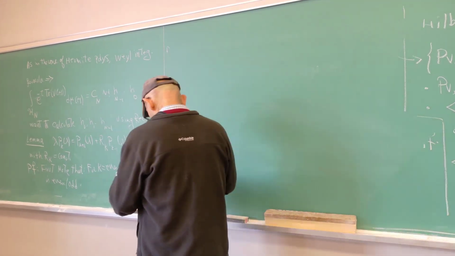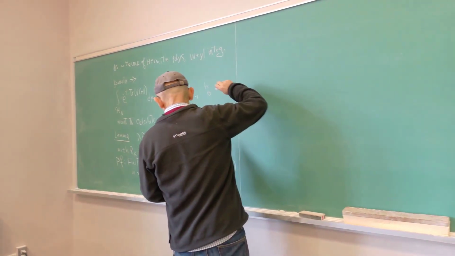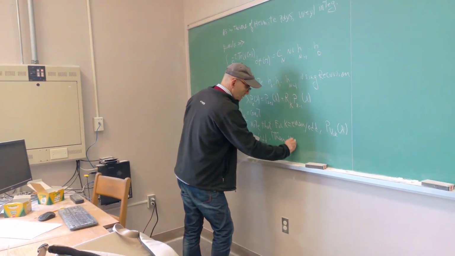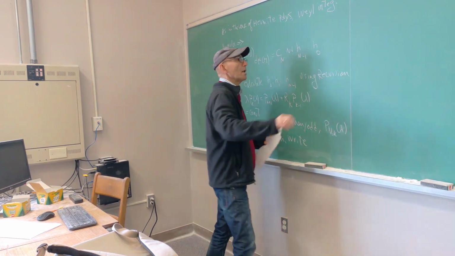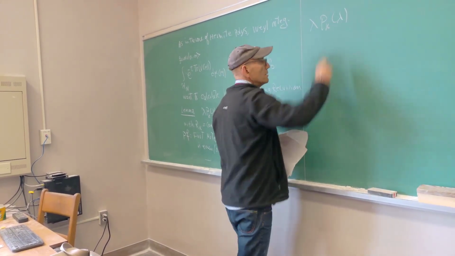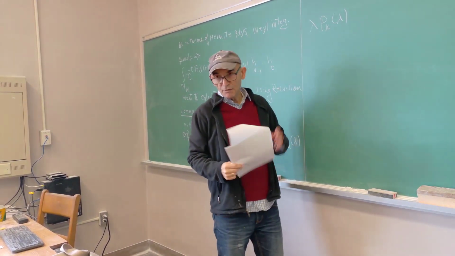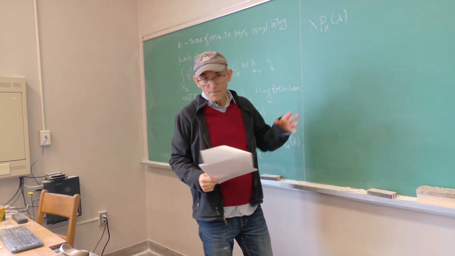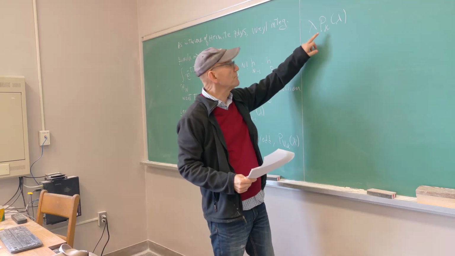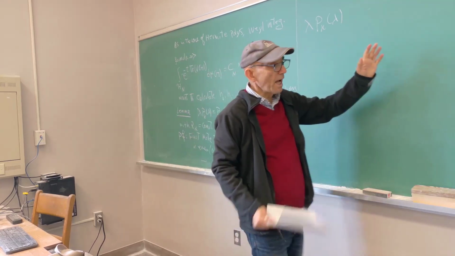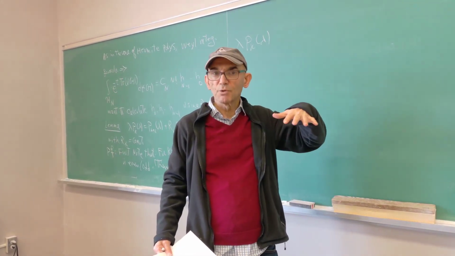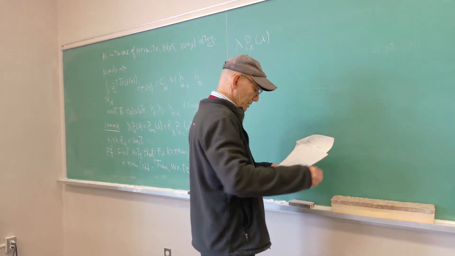First of all, write lambda p_k of lambda. This is of degree k plus 1, because p_k is of degree k, and multiplying by lambda increases the degree by 1. So we can write it as a linear combination of all these polynomials up to degree k plus 1.